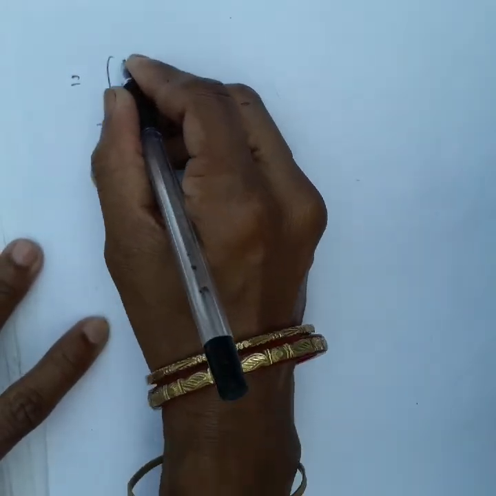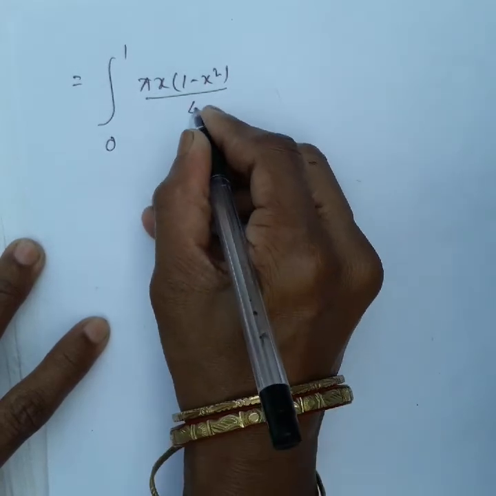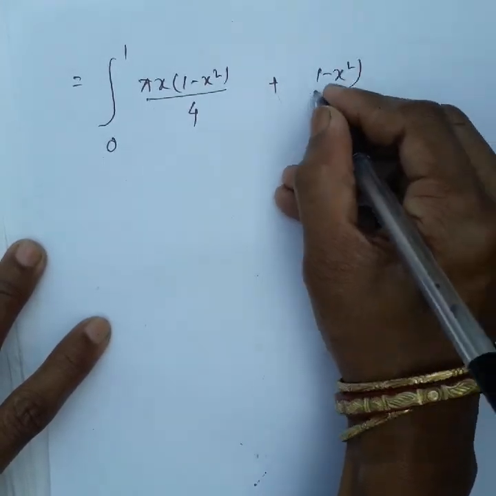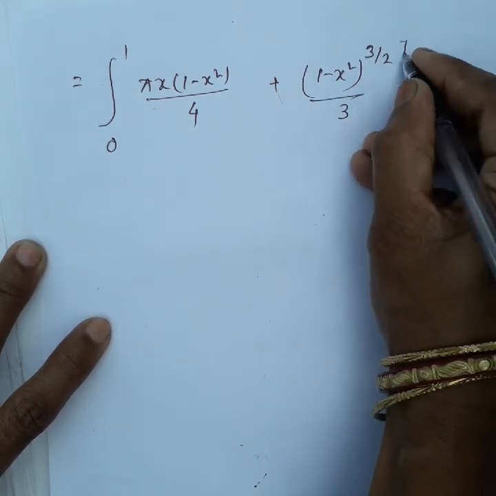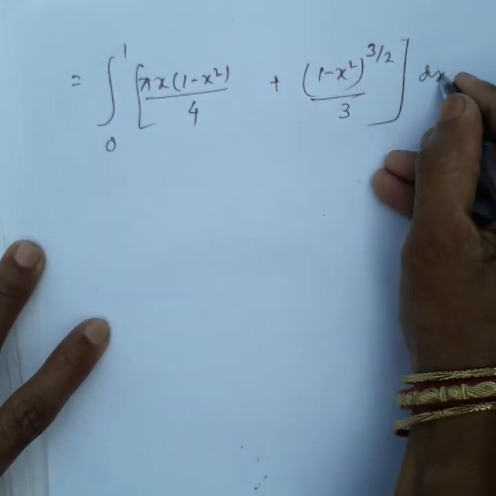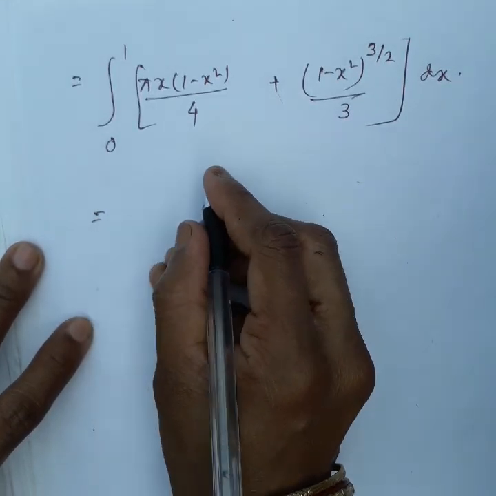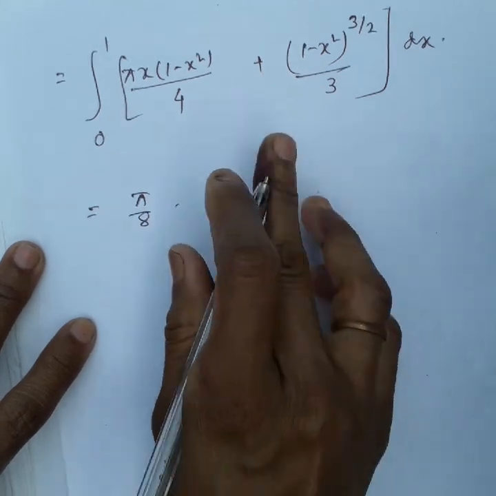So this will be integration of 0 to 1 of pi x into 1 minus x square by 4 plus 1 minus x square whole to the power of 3 by 2 by 3, this over integration dx. So after integrating we get the value. This is pi by 8.